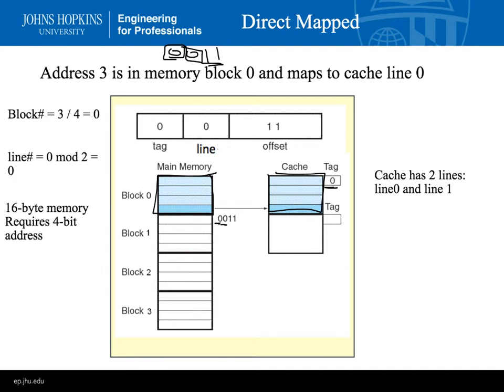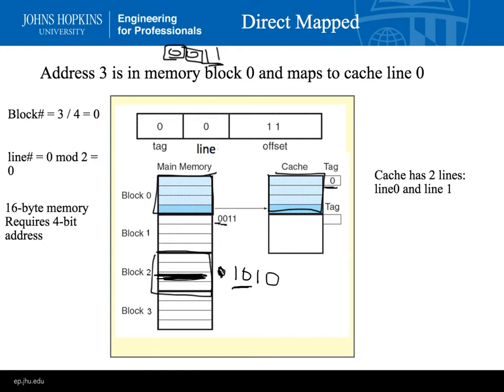If we then wanted to use block 2, block 2 would have an address that starts with 10. Remember, the block number is this outside of the offset. So if we wanted this right here, this would be address 10, and then our offset would be 10.